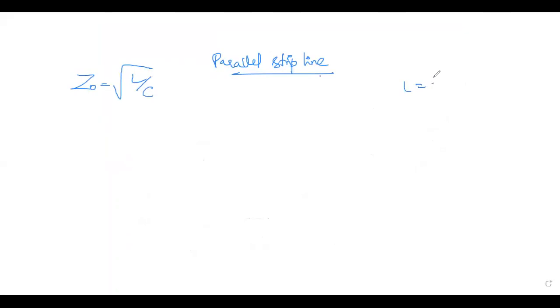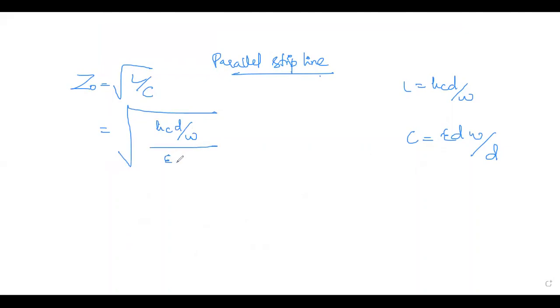L, we know, is given by the equation mu C D by W. Similarly, C is given by the equation epsilon D W by D. So just substitute it here, that is square root of mu C D by W divided by epsilon D W by D. So if you simplify this, it will be square root of mu C by epsilon D, and this will be D square by W square. D will go up, W will be the denominator.